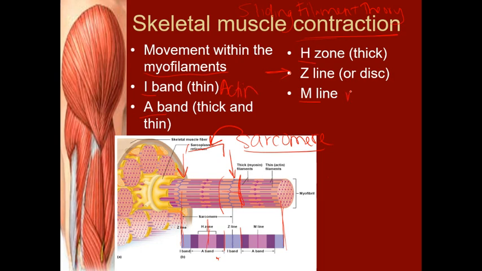M line is myosin, in the center of a sarcomere. I band is actin. Notice I've got the end of my sarcomere right here. So the I band really consists of the actin from one sarcomere all the way through the actin of the neighboring sarcomere.